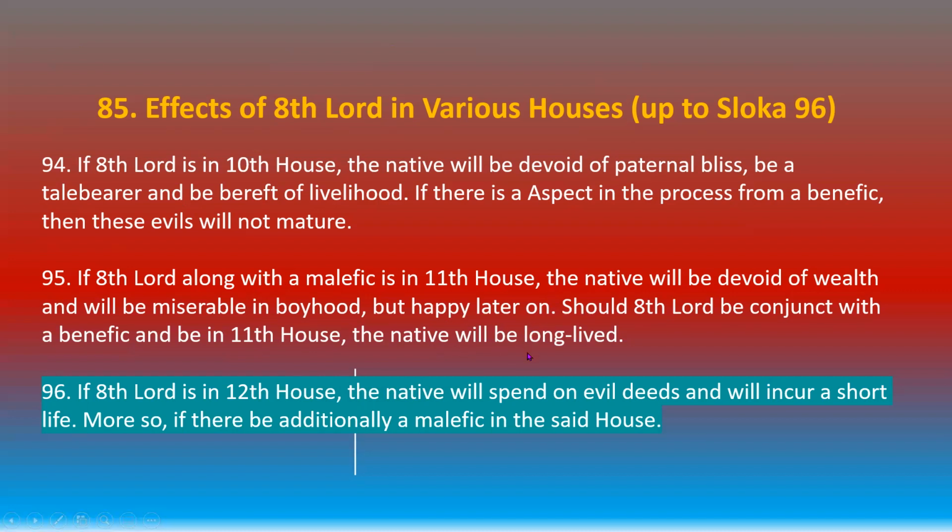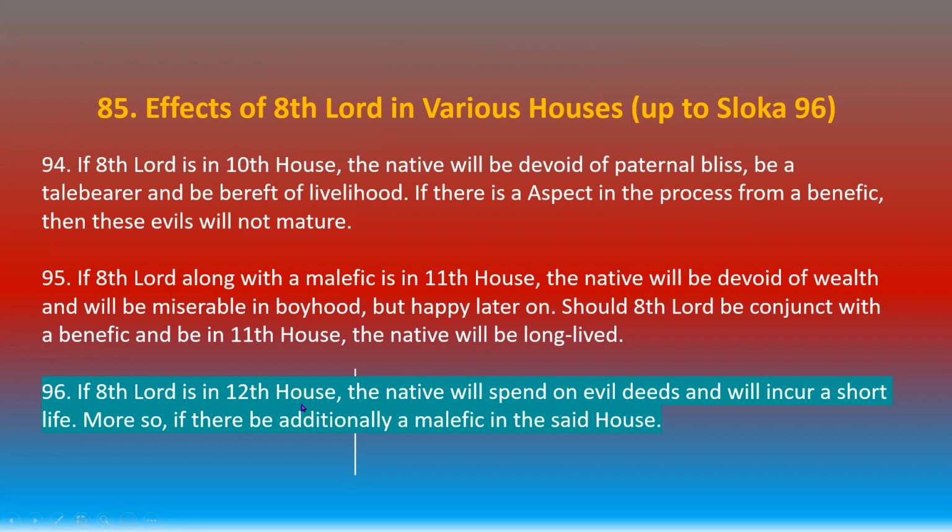Let's say you have Saturn in the 11th house, and it rules your 8th house. That is superb, absolutely superb. And if it is with, let's say, Venus or something, it's going to be very, very positive.